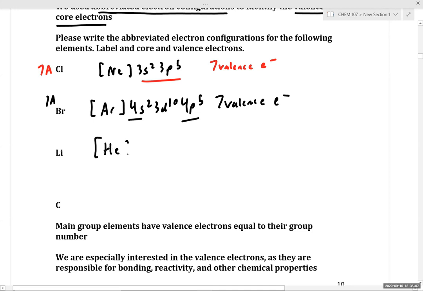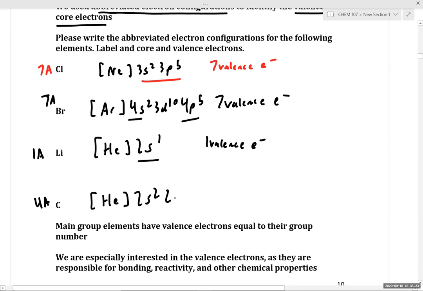Lithium has the configuration of helium 2s1, and as a 1A element, we have 1 valence electron. For carbon, which is a 4A element, has a configuration of helium 2s2, 2p2, and in turn, we have 4 valence electrons.